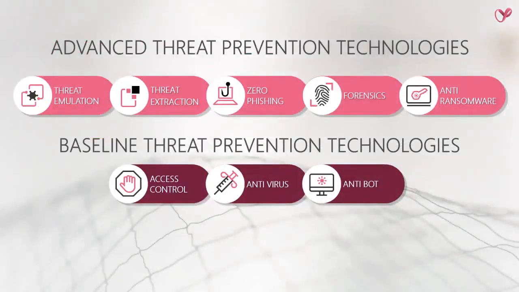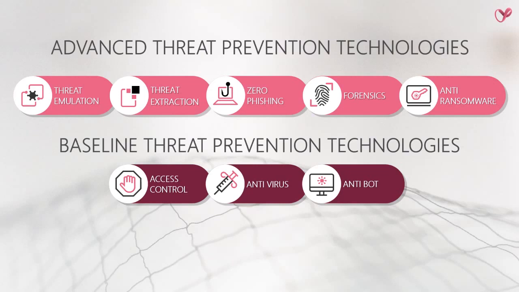So this is the last slide. We covered all the components listed here: the advanced threat prevention technologies and baseline threat prevention technologies. Baseline threat prevention technologies work using the reputation mode. Access control, as I said earlier, includes the firewall, port-based blocking, application control, and compliance checking. How you are reducing the attack surface comes under access control.